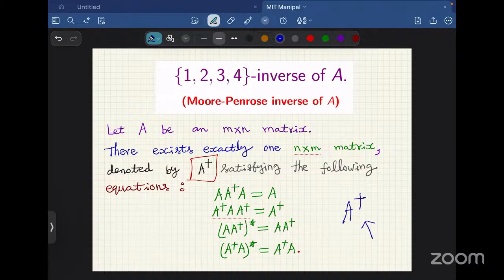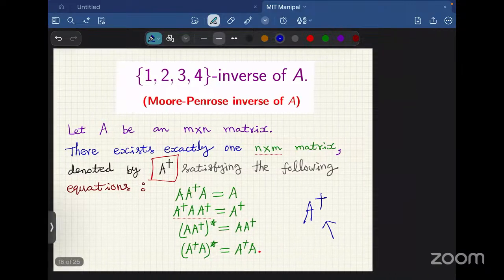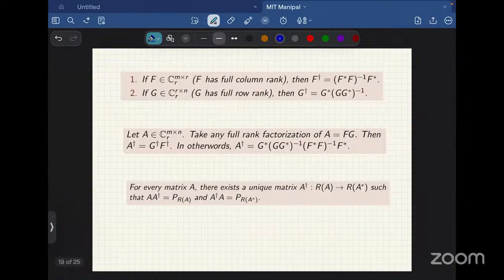A dagger exists for any matrix, and that will give the least square solution. There are several ways one can find the Moore-Penrose inverse of any matrix. In general, there is a lot of difficulty in finding the Moore-Penrose inverse, and people are writing codes, using programming, to find the Moore-Penrose inverse of a matrix.